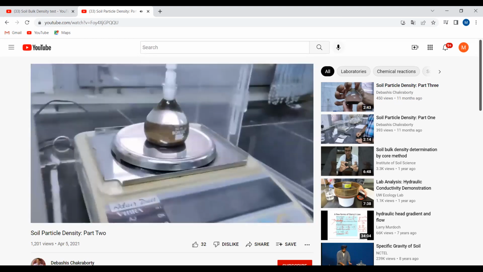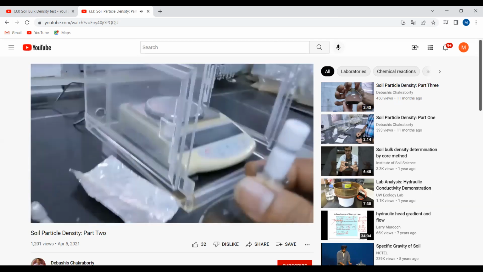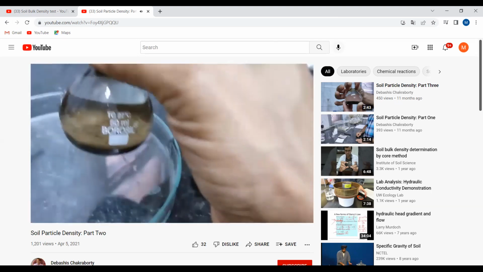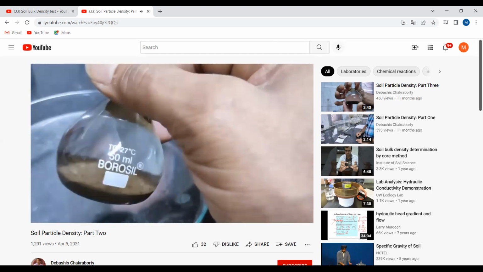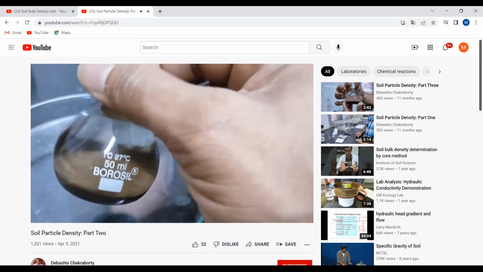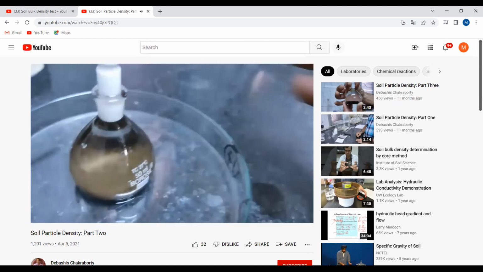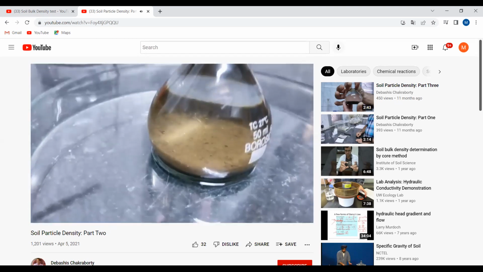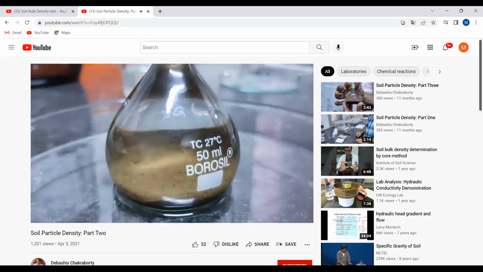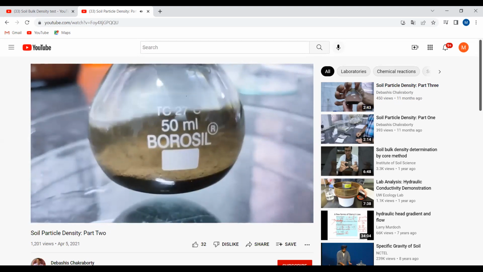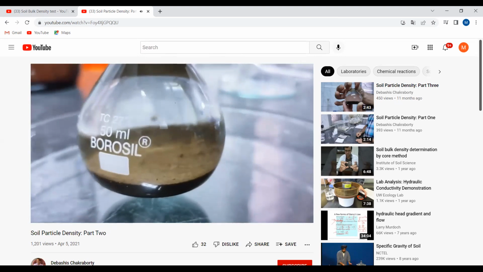So there is one caution. I'm taking this out, so watch this very closely. As I shake it a little bit, some bubbles may come out. What are those bubbles? They are entrapped air within the soil particles. Yes, you can see some bubbles coming.